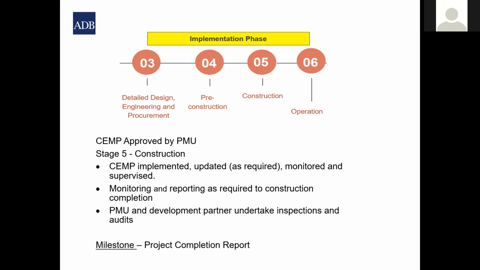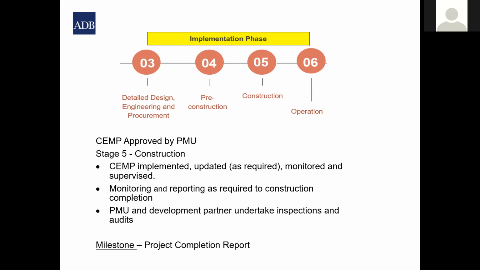Well, the way it works is that you have a terms of reference initially during the preparation phase for terms of reference for an environmental impact assessment. And then the terms of reference for the CEMP basically doesn't happen until the bidding document, when you've got your updated environmental impact assessment and updated environmental management plan based on the detailed design, and then the bidding document is prepared using the detailed design.